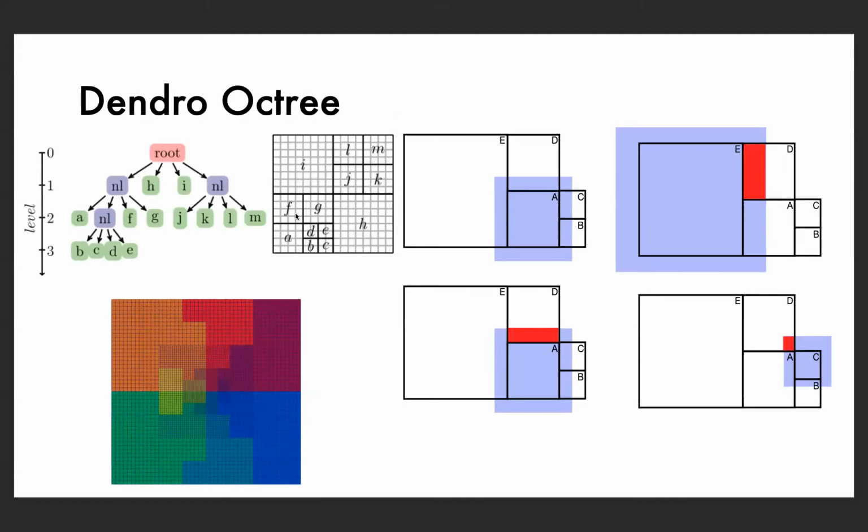The Dendro infrastructure provides the parallel octree. And anyway, this just demonstrates ways that data are communicated.